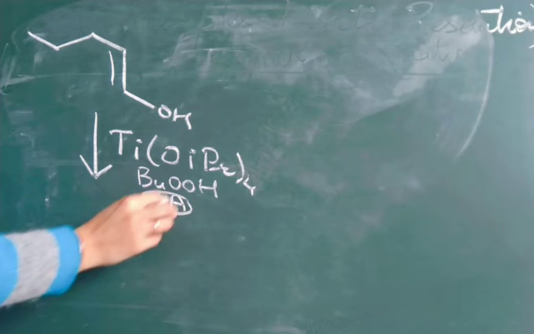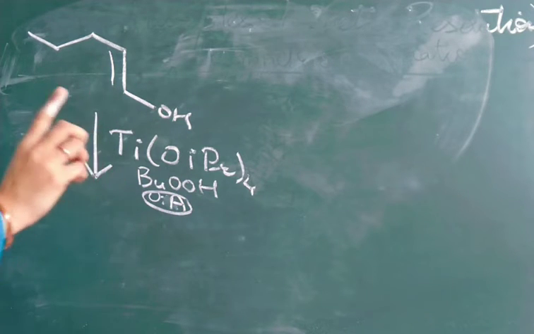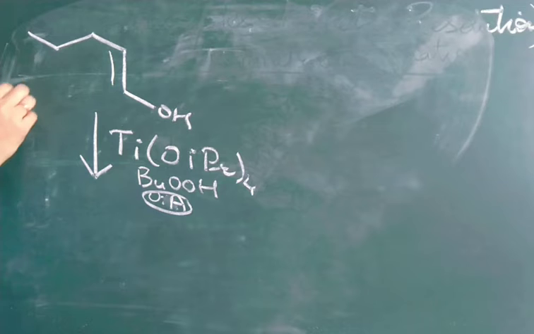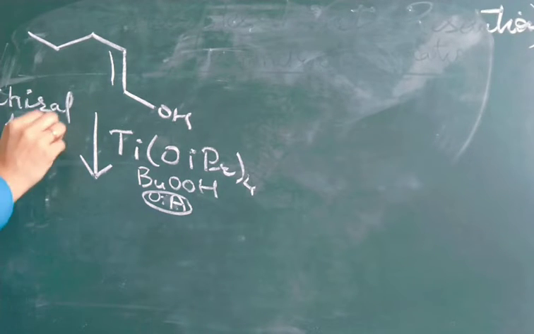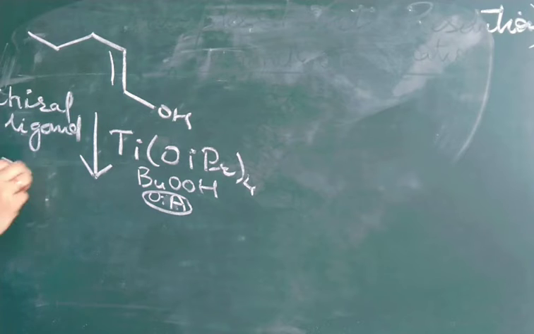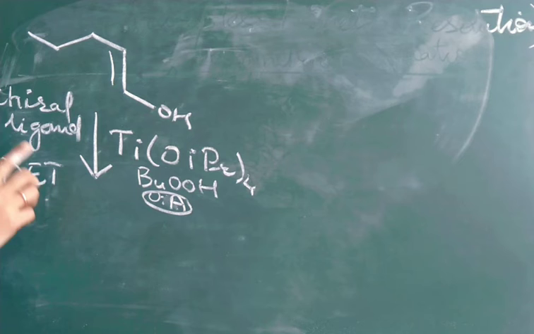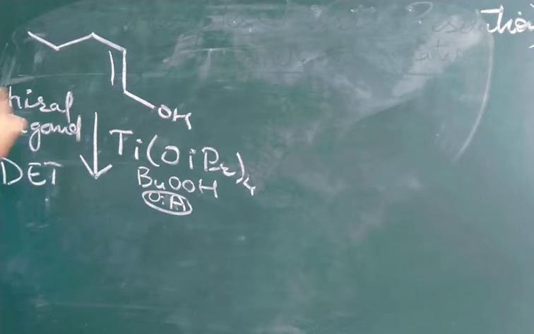This acts as an oxidizing agent, and we are taking here one chiral ligand. The chiral ligand I am using here is the DET, diethyl tartrate.